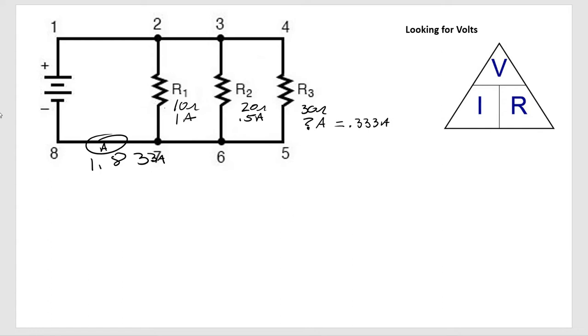So I could say the voltage across R1 equals 1 times 10, and that's going to equal 10. And I could say the voltage across R2 equals 20 times 0.5, and that equals, wow, 10.